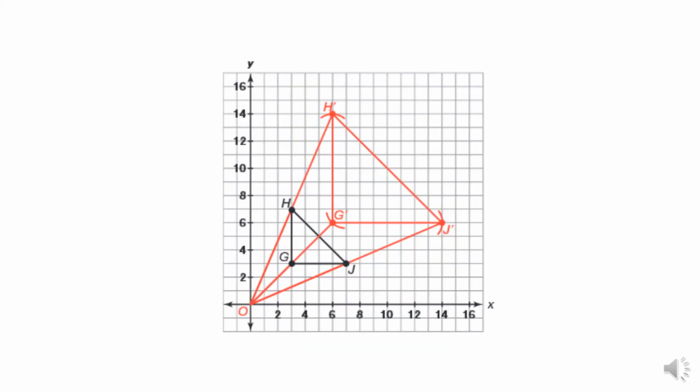Okay, so if you look at this picture, what I want you to do here is find K. So how do you think you're going to do that? Stop and think about that. Okay, so the first thing I figure out is that I've got a point J here. Okay, J is 7, 3. Then I look at J prime, which is my new image, and I figure out that it is 14, 6.